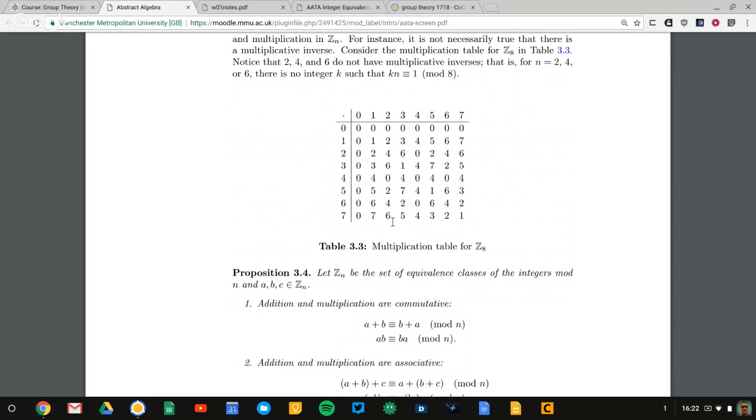So integers modulo 8 under addition contain elements 0 through 7. And we can draw up an operation table for the operation of addition.